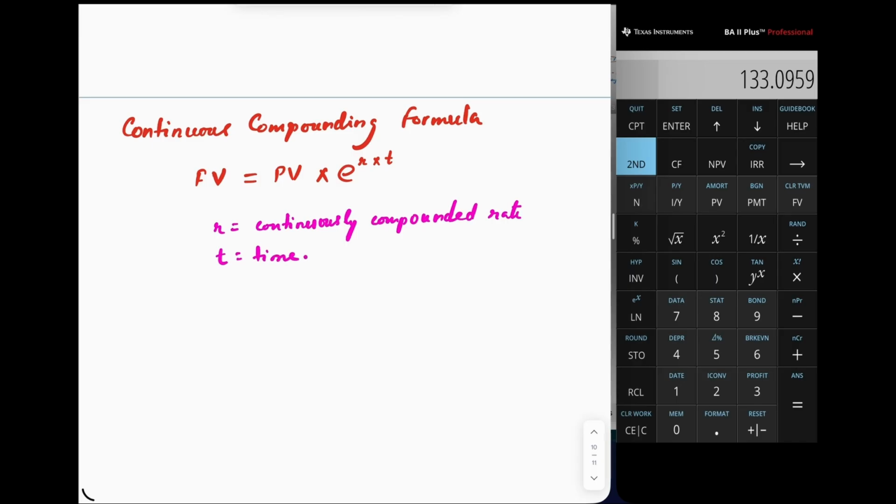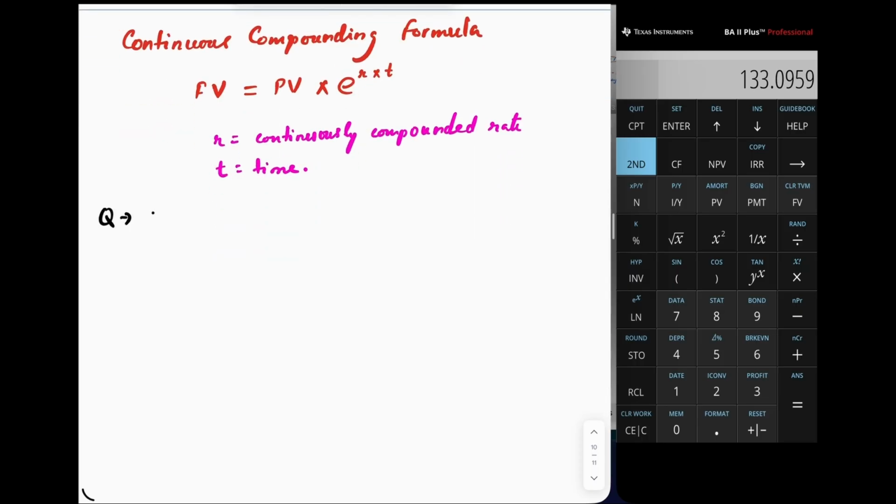So let me give you an example question so that we can solve a particular example, and using that we'll be better able to understand this formula. Let me just write a question here.